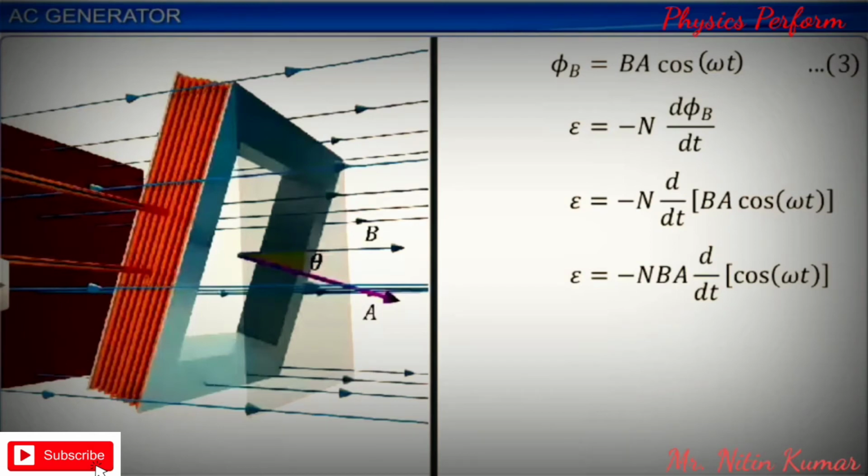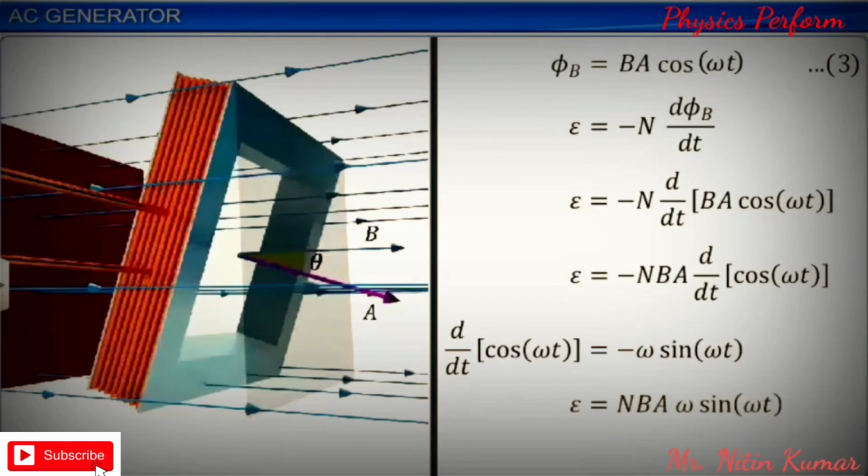From differential calculus, we have d by dt of cos omega t is equal to minus omega sin omega t. Hence, the instantaneous value of the EMF E is equal to NBA omega sin omega t. Let this be equation 4.